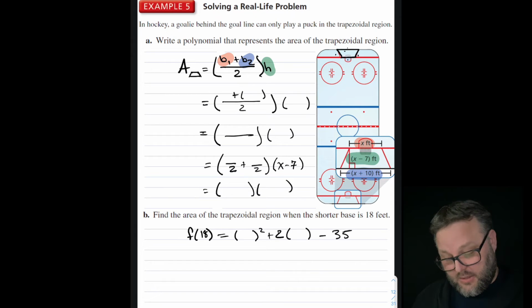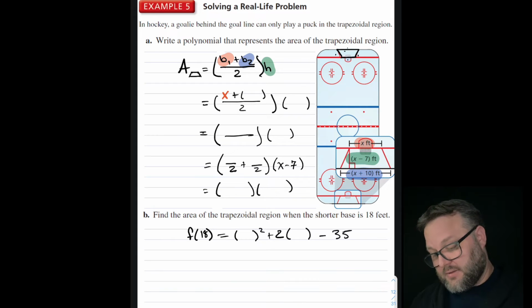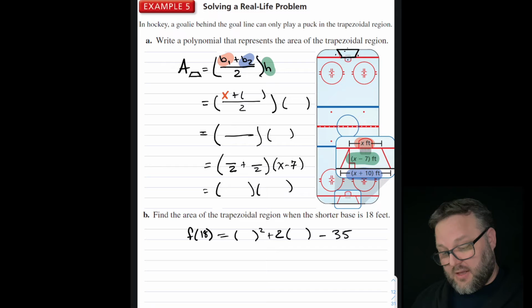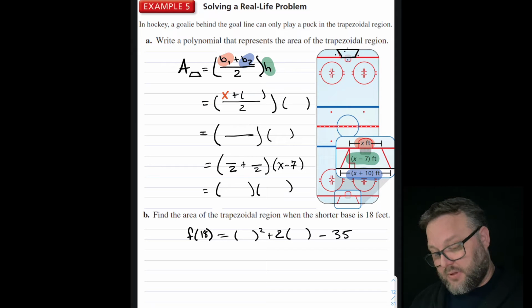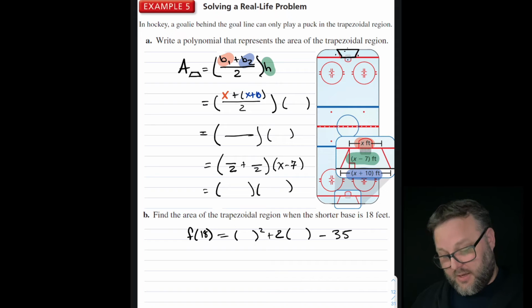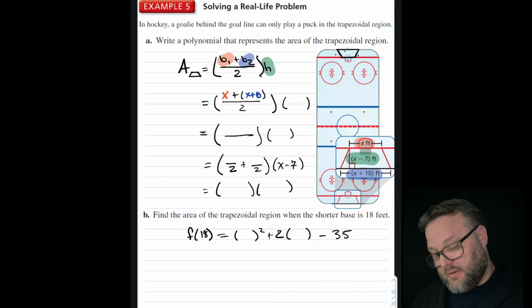So if I look at my first base, that is X. If I look at my second base, that is X plus 10. And if I look at my height, that is X minus 7.